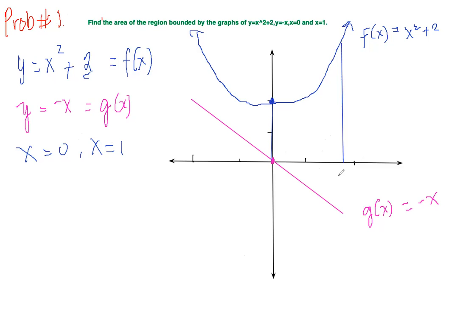So this is our 1, and this is our 0. In this case, this one should be extended here, so let me fix it.